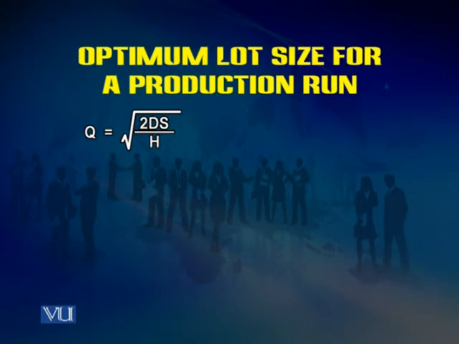Lot size is once again the size of the batch or the size of the production run. So a lot size means what should be the quantity of units for each batch or each run.